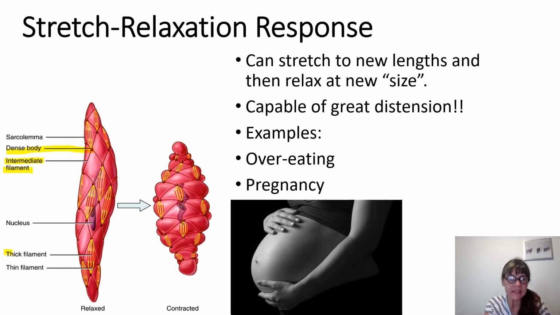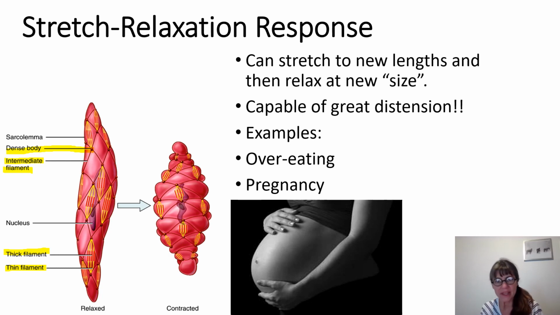Now you can see the thick myosin and thin actin filaments within this smooth muscle fiber. They're actually arranged diagonally. And there are bundles of these little contractile proteins that crisscross within the smooth muscle cell, so they spiral down its long axis, kind of like the stripes on a candy cane.